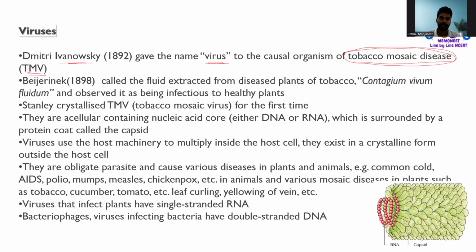Later on, Beijerinck extracted the fluid from the diseased tobacco plant, and he called it Contagium vivum fluidum.